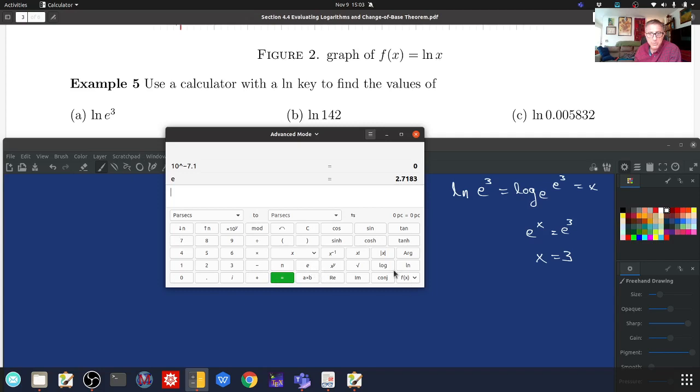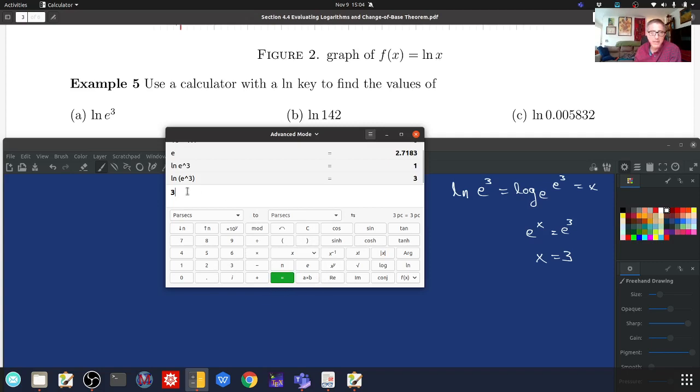But in this case, we're just going to use the ln of e raised to the third power, and of course we're getting 1. It's 3. What's going on here? So we need to figure out how to do this. Natural log of e raised to the 3.